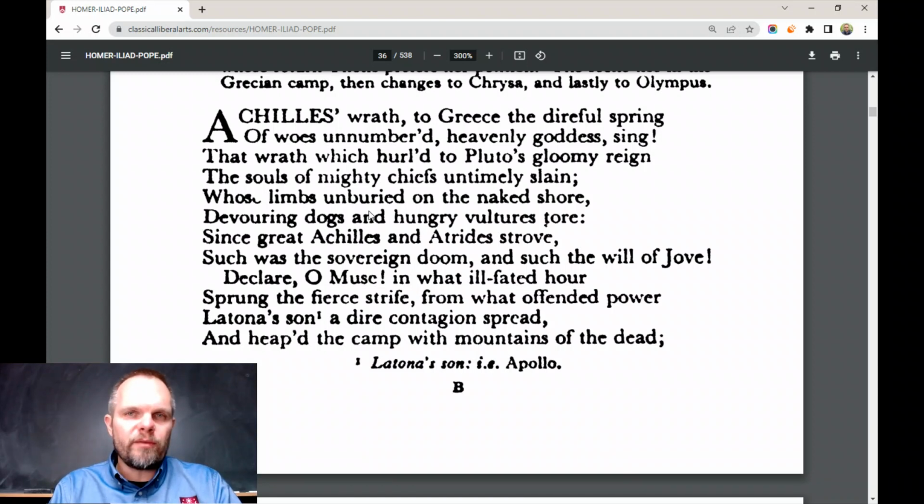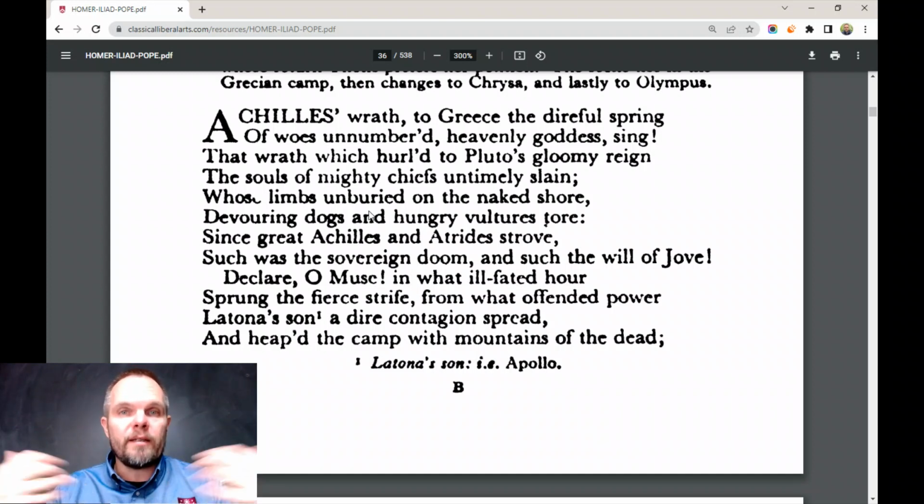He was the god of the underworld. So his gloomy reign is his kingdom of the dead, of the souls in the underworld. Achilles' wrath hurled them into Pluto's gloomy reign. In other words, sent them to death. The souls of mighty chiefs, of great rulers, great princes, who were untimely slain, who were killed while still young by Achilles' wrath.